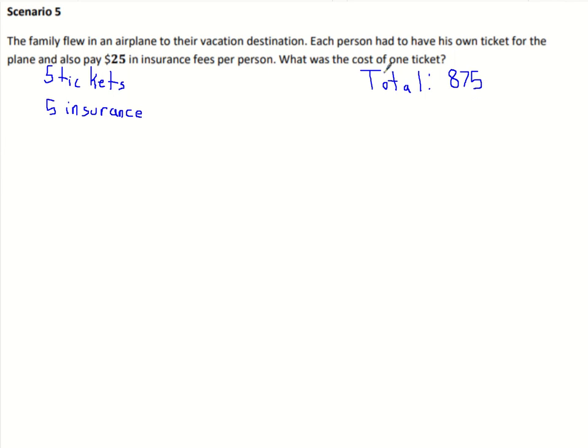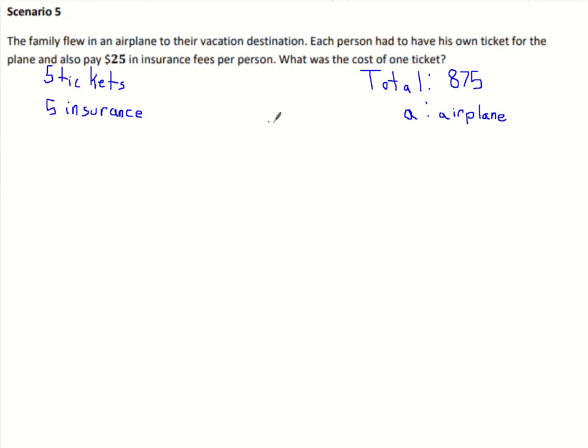Since we're trying to find the cost of one ticket, I could use the letter T. I don't like using the letter T. I know I used it earlier, but I'm deciding against it here. So I'm going to use the letter A for an airplane ticket. I could have used P for plane ticket, but I'm going to use A instead.